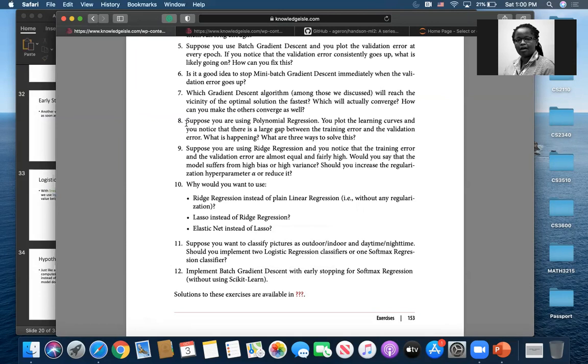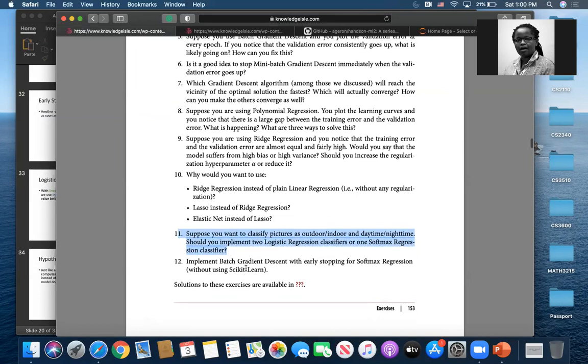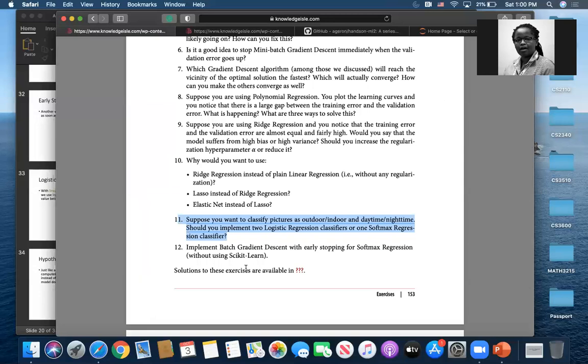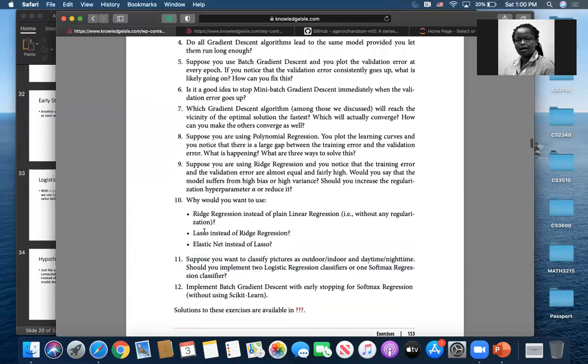Then this question number 11, which is to classify those 4 classes. They're not exclusive, like an outdoor picture can also be in the nighttime or daytime. So you should build multiple logistic regression classifiers, not use one softmax.